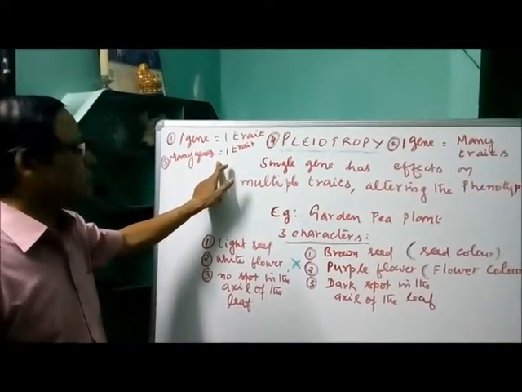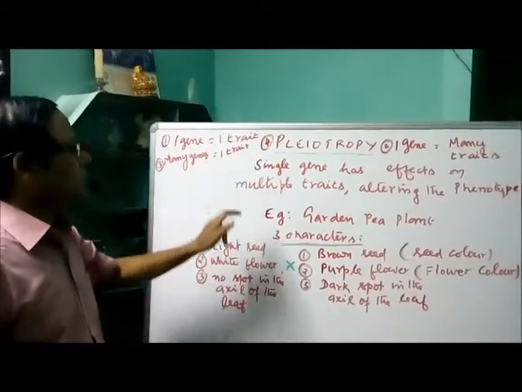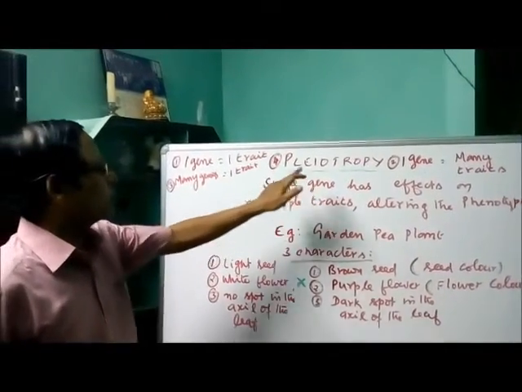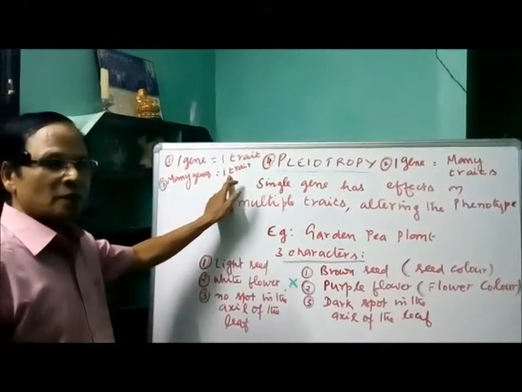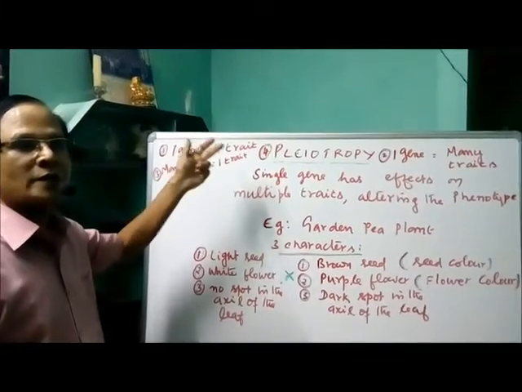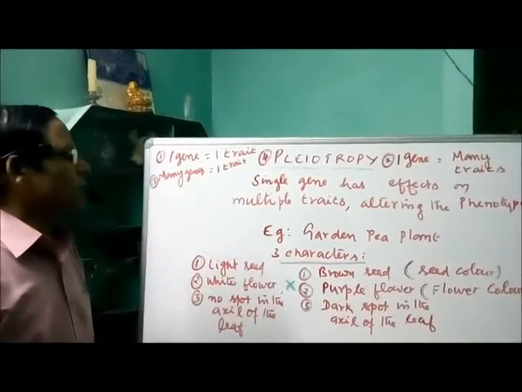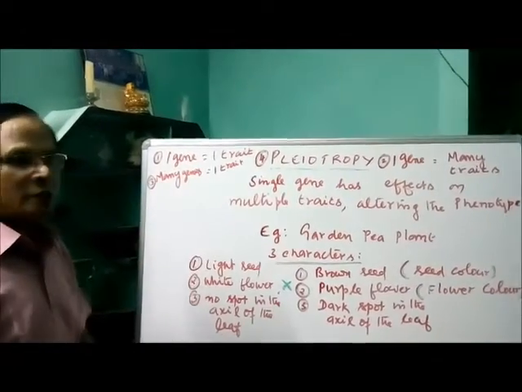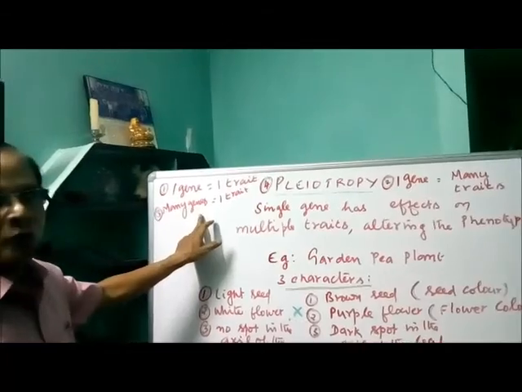The inheritance is called polygenic inheritance. So one gene, one trait; one gene, many traits, called pleiotropy; and many genes control one trait, called polygenic inheritance or the multiple factor hypothesis. Now, let us go for pleiotropy. The first one we already studied, the second one we are studying now, and the third one we'll talk about later in the same lesson.